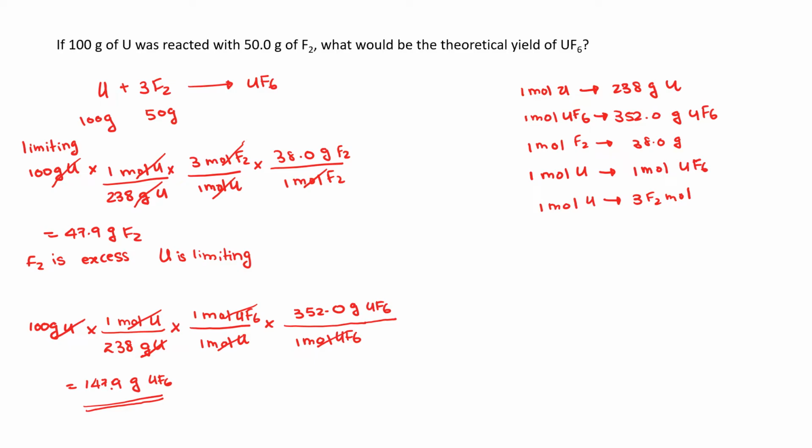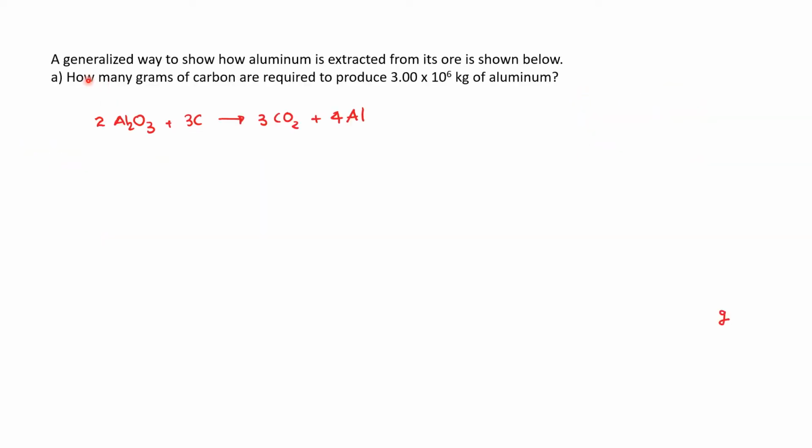And then we convert it to grams using the molar mass of uranium hexafluoride. So the theoretical yield of this reaction when you start with 100 grams is 147.9 grams.